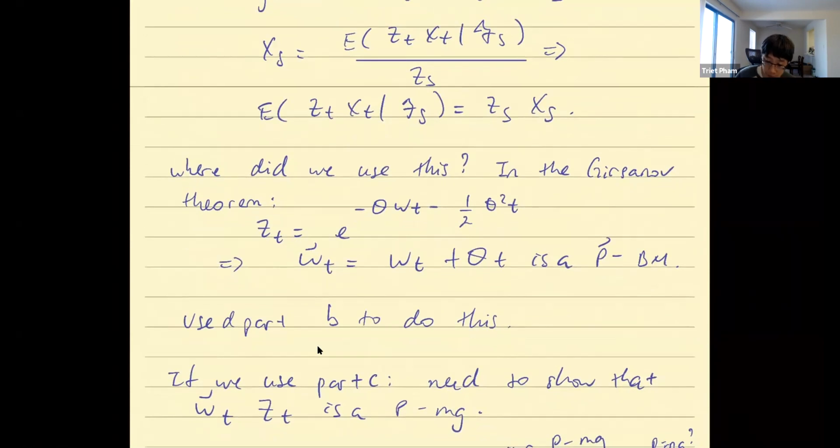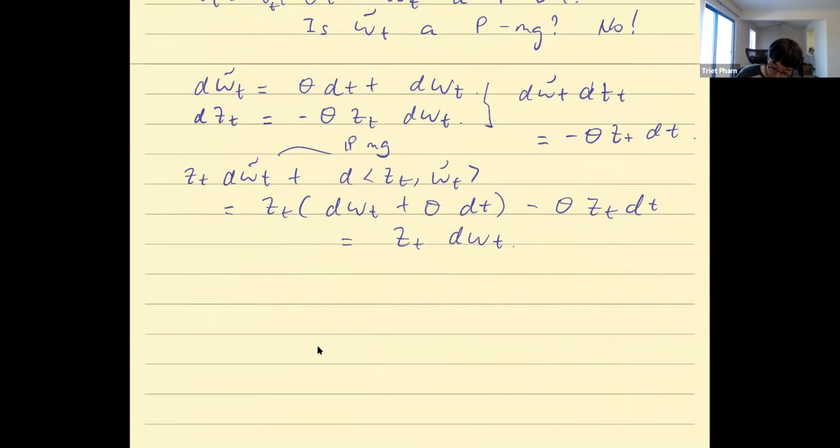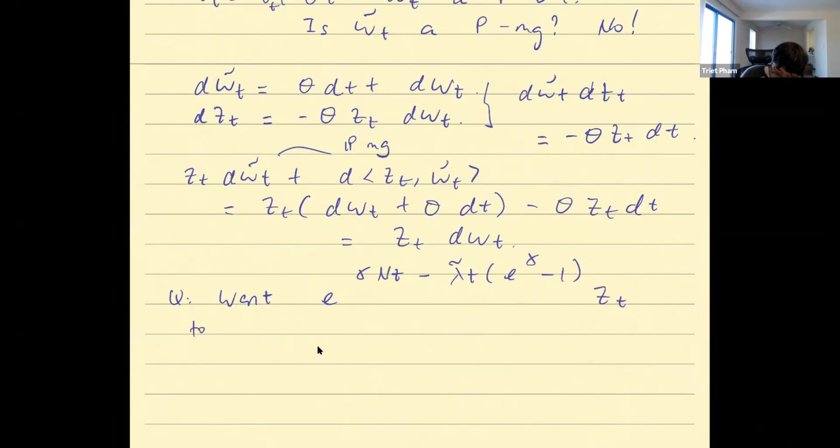So we know how to handle the W piece. So let's pose our question again. We want e to the lambda tilde N T minus, sorry, e to the gamma N T minus lambda tilde T (e to the gamma minus 1), times Z T to be a P martingale.